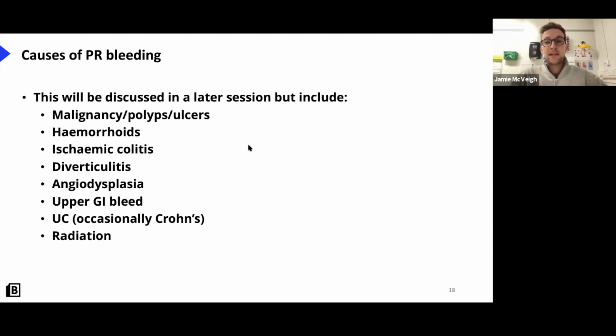Upper GI bleeds can, but normally it's melena and dark stools that are foul smelling and mixed in with the stool. It is quite easy to differentiate from a lower GI bleed. And then IBD, so UC typically, but can be Crohn's as well. When they've got ulcers, they can bleed. And radiation, if the patient's been treated maybe for rectal cancer with some radiation, that can cause an inflammatory process within the rectum that can cause bleeding.